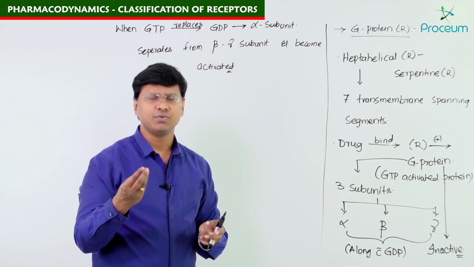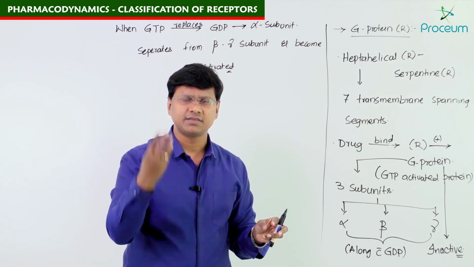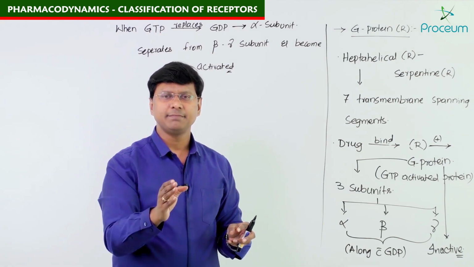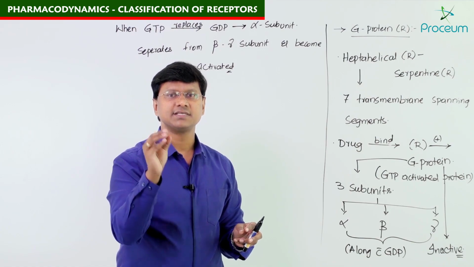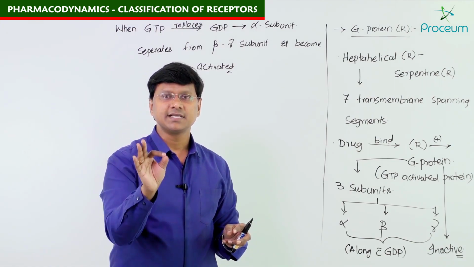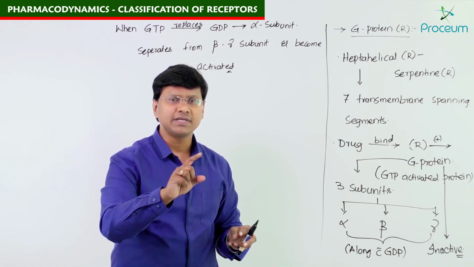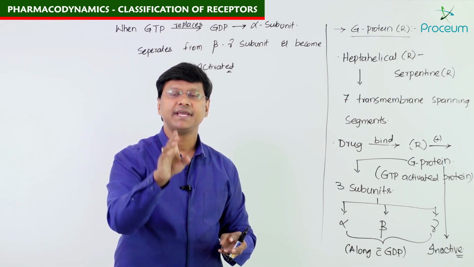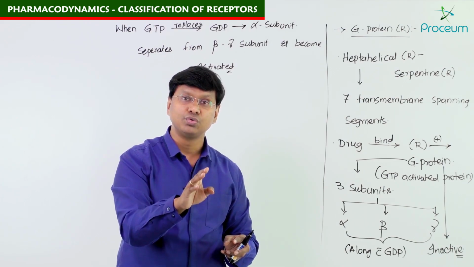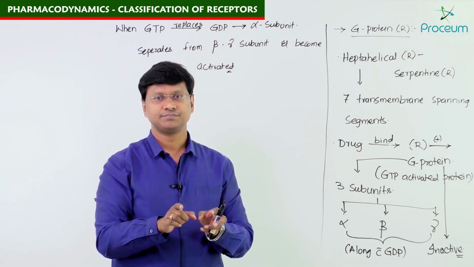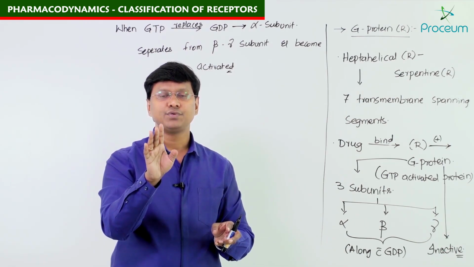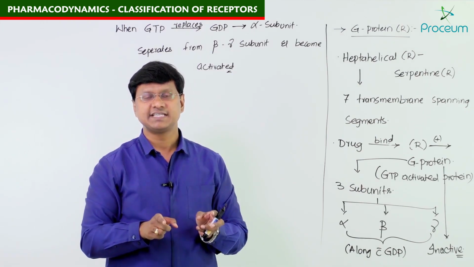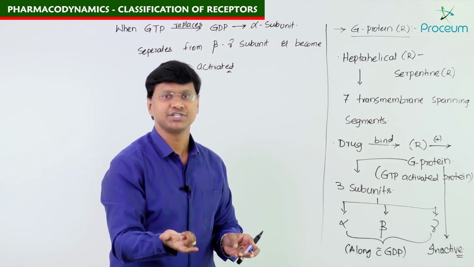Now let me tell you what we are discussing now. Remember, the drugs in pharmacology don't act directly and produce an effect. The drugs have to act through various receptors for their action.